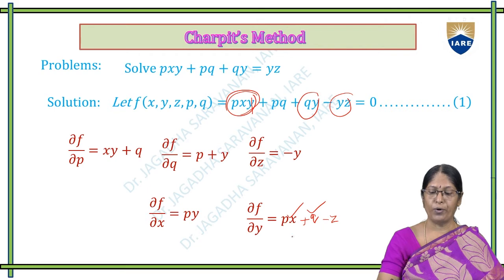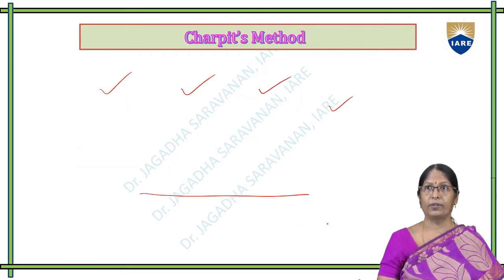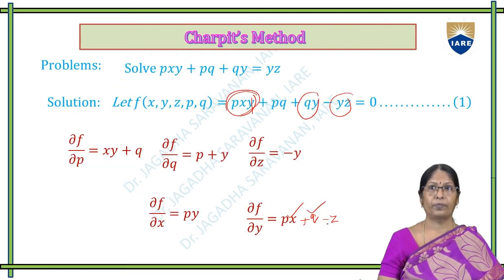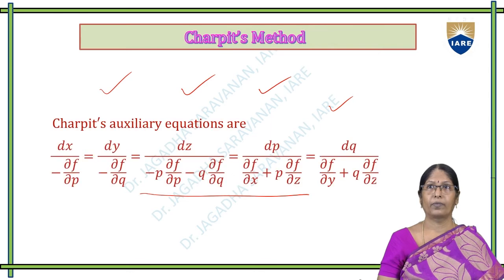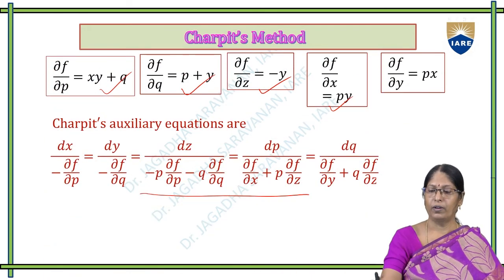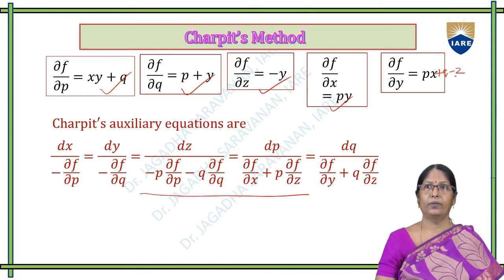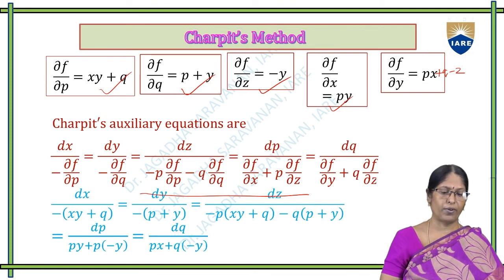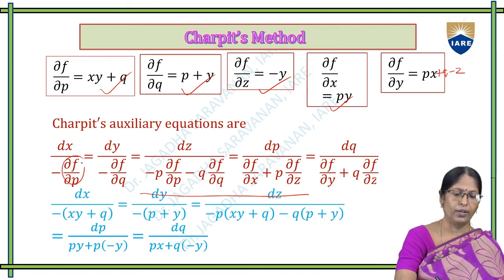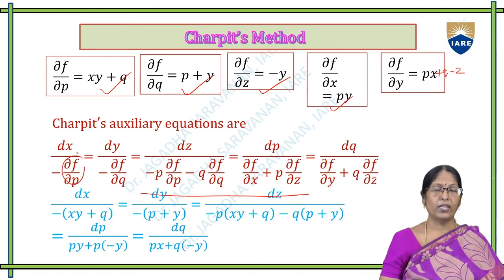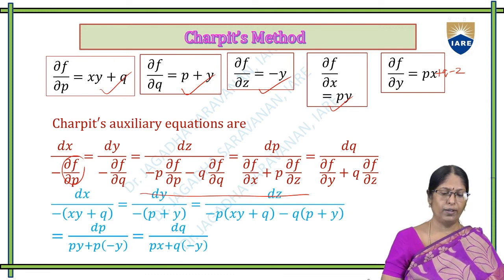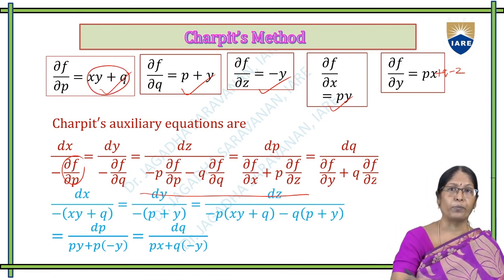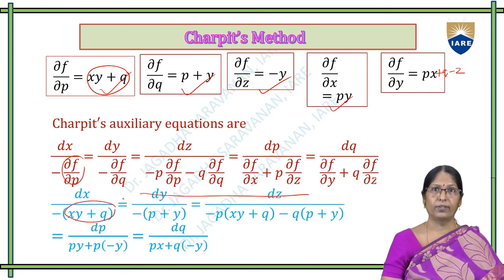Whereas ∂f/∂y is nothing but here plus q and minus z to be added. So the substitution we will concentrate on now, that is dx by minus ∂f/∂p, what I am circling, is substituted in the particular places.